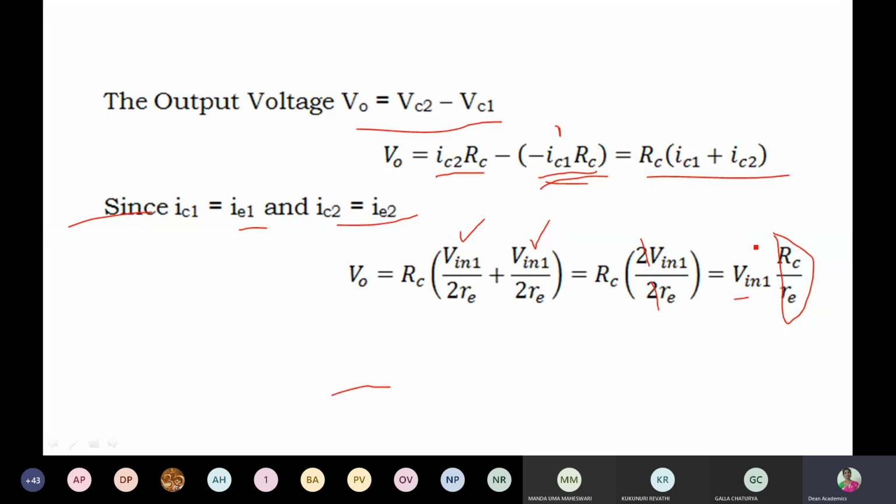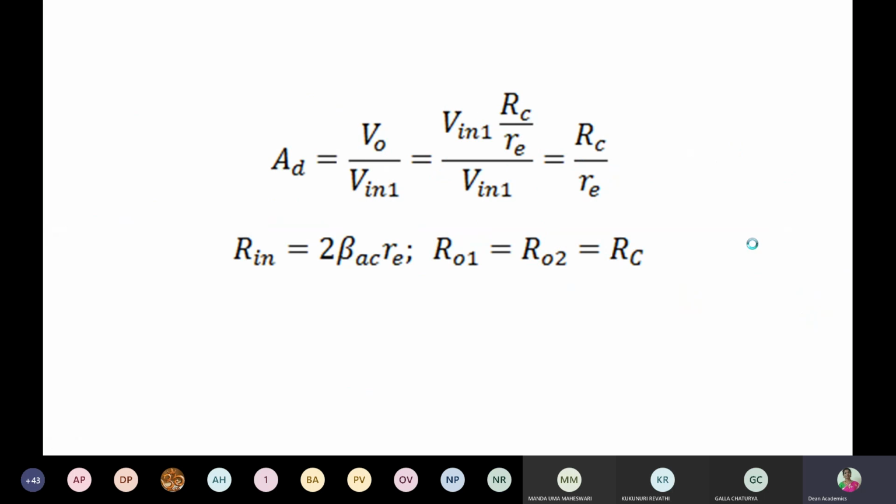After that, what do we do? Voltage gain. Yes, ma'am, differential voltage gain, right? So that's why we are calculating V0. Differential voltage gain AD is equal to V0 by Vin1. V0 is expressed in terms of Vin1, so this Vin1 goes, and we get Rc by Re, right?